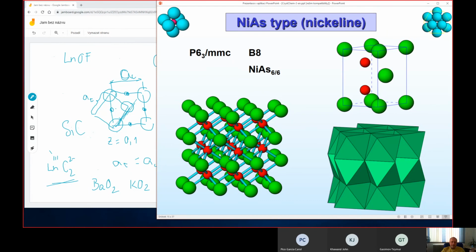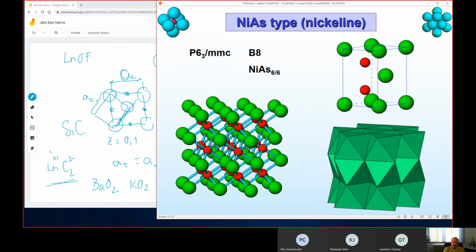And this structure type is mostly observed for some intermetallic compounds. It is not as frequent as the other types which have been already discussed, but some intermetallic compounds can adopt this structure.